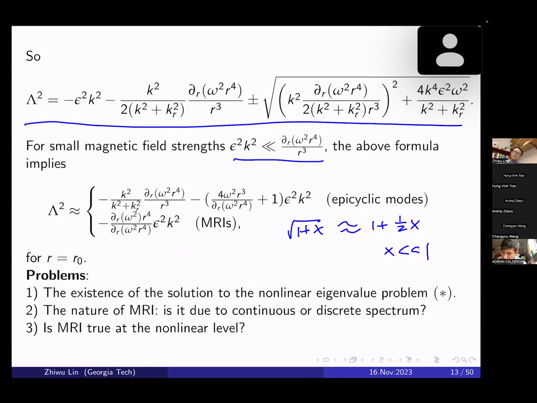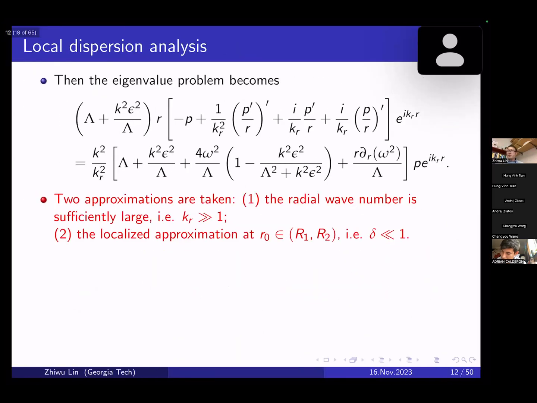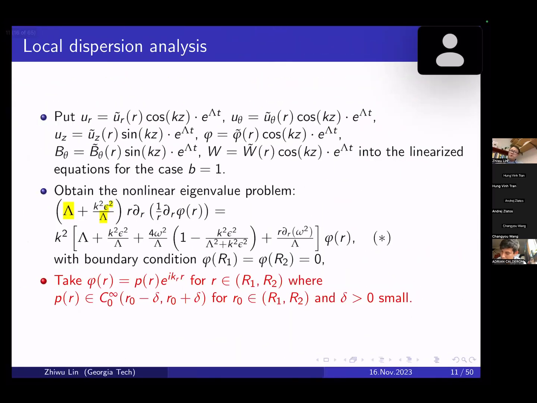And also, if you go back to the original eigenvalue problem, this ODE star, can we find a really exact solution of this nonlinear ODE satisfying the zero boundary condition? If you can solve this ODE to find the exact solution, that means you find an unstable mode, right?